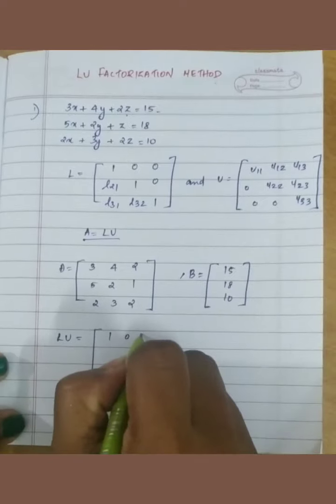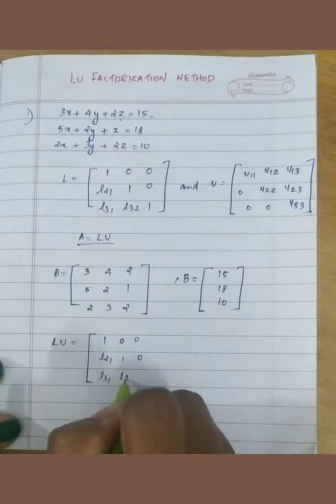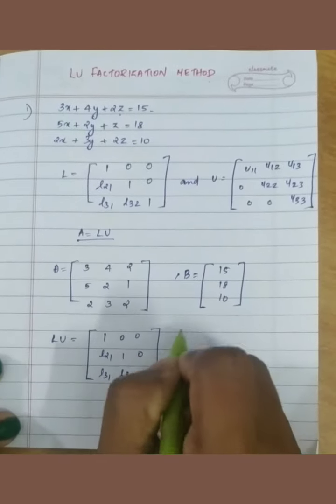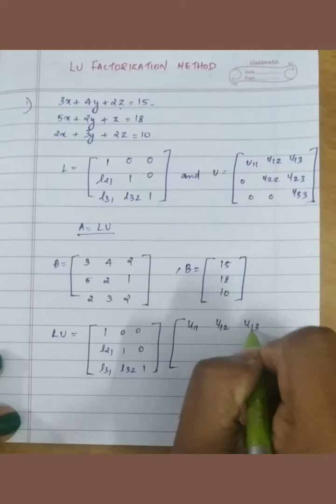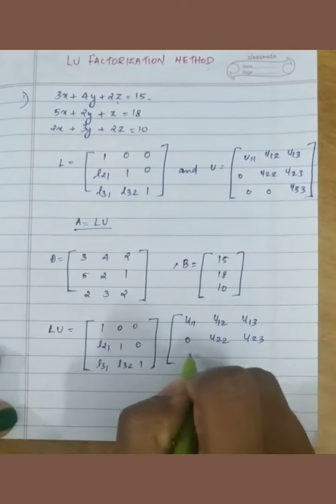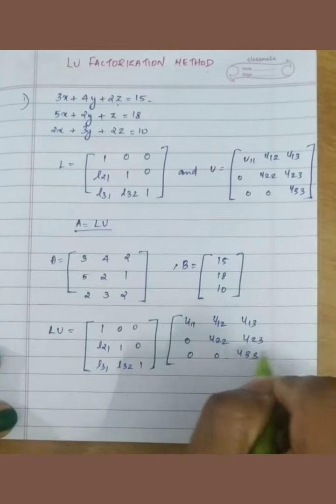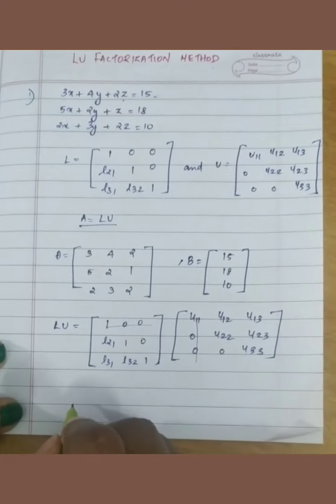L is 1 0 0, L21 1 0, L31 L32 1, into U11 U12 U13, 0 U22 U23, 0 0 U33. So rows into columns. What will we get?